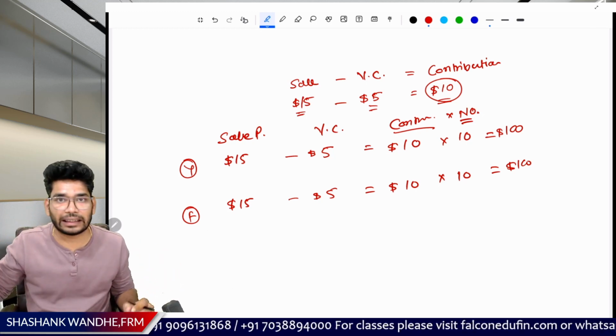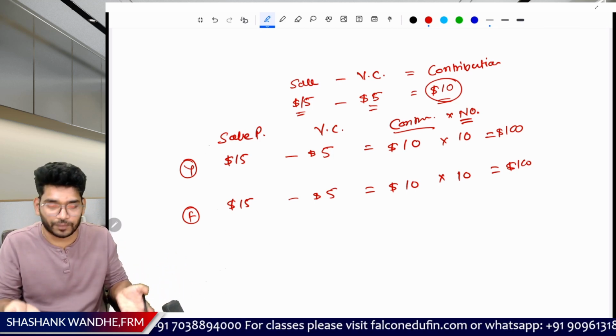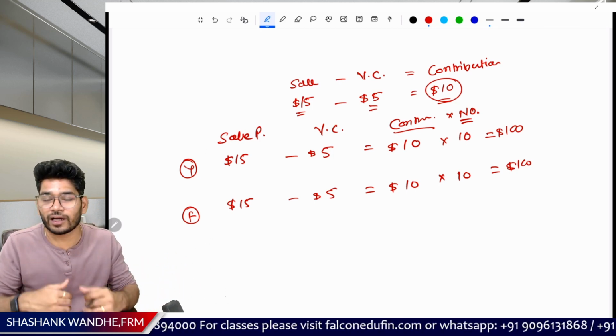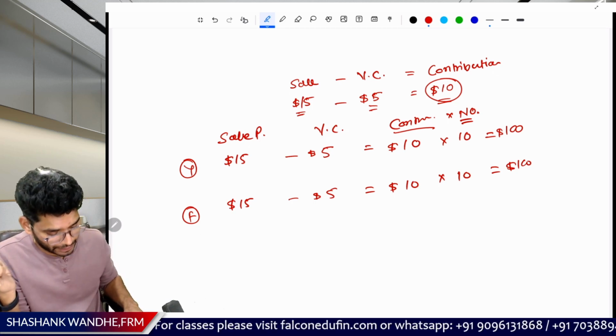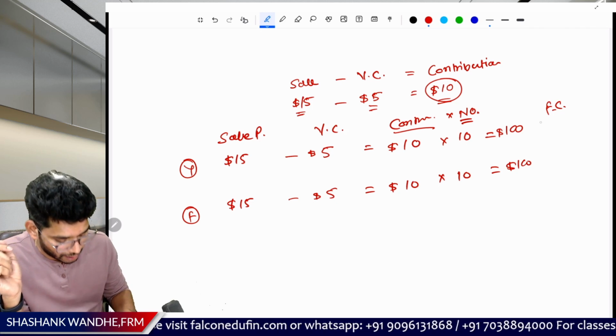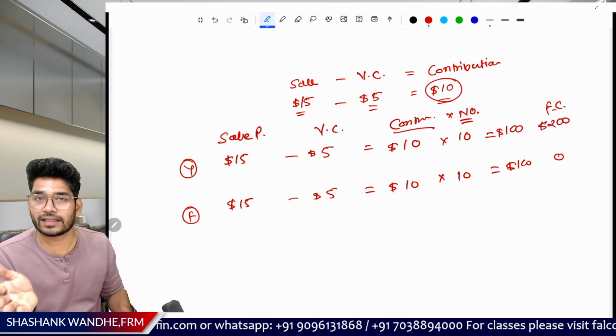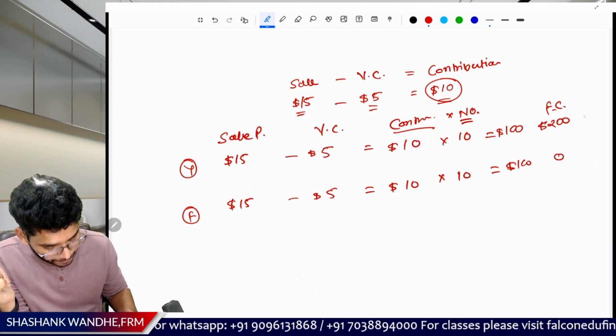No shop, nothing, he's just sitting on the street and preparing his pizza on the road. So no fixed cost is incurred by your friend, but you are incurring fixed cost. Let's say the fixed cost incurred by you is $200, and obviously by your friend it is zero because he's selling on the street.